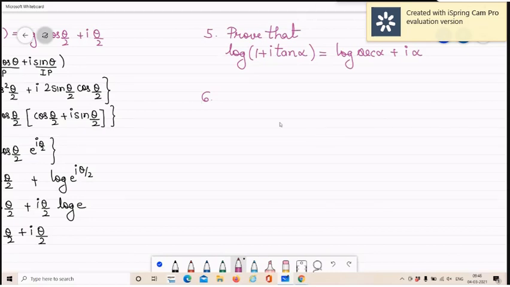And the next that I feel you should solve is this. The outline of this sum is the same as the previous one for both, but this will be your formula, x plus iy.